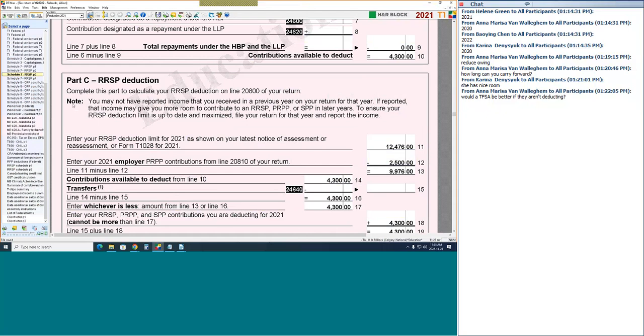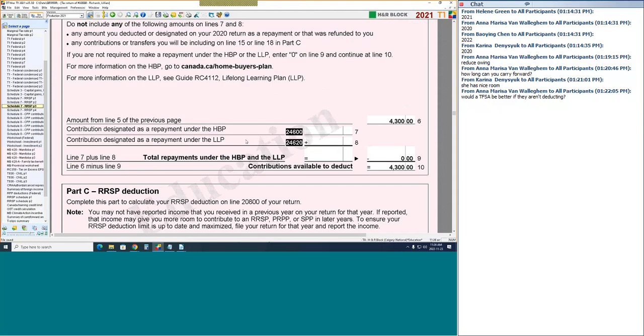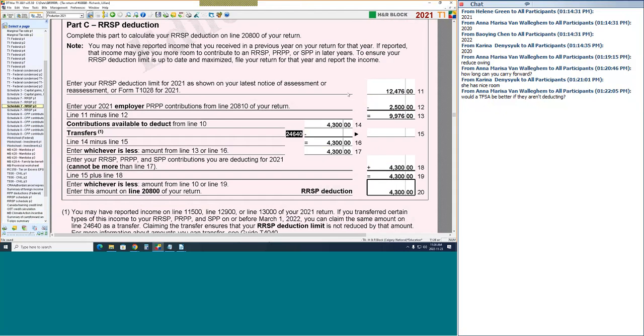The other thing that will happen for her RSPs, just so you're aware of how they happen, if she's paying into a registered pension plan, this $4,755 change to her registered pension plan is going to change how much room she gets next year. So her room will be lower next year because of this reporting number, but if it's a pooled registered pension plan, it's actually going to lower her income now.